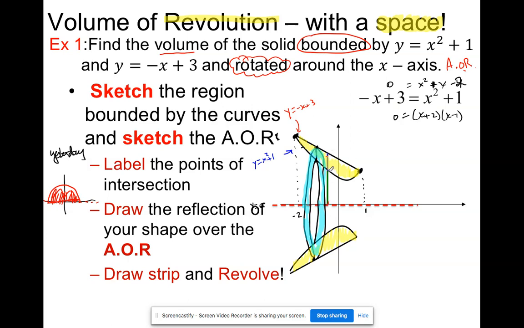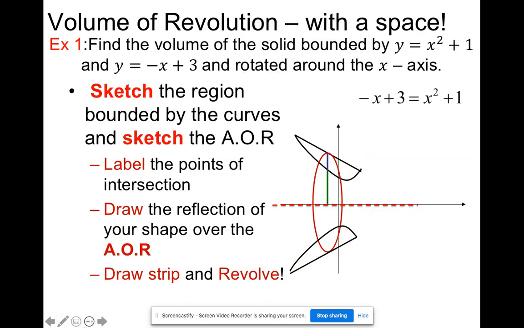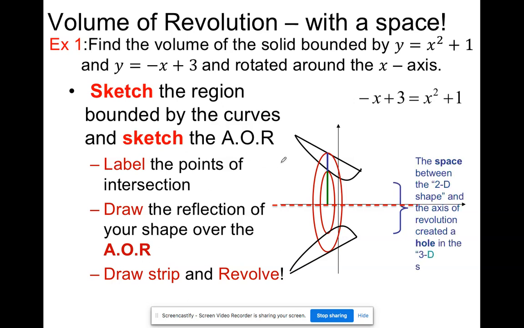The short line is the radius of the hole. Right, there's my pretty lifesaver. The space between the 2D shape and the axis of revolution creates a hole in the 3D shape.